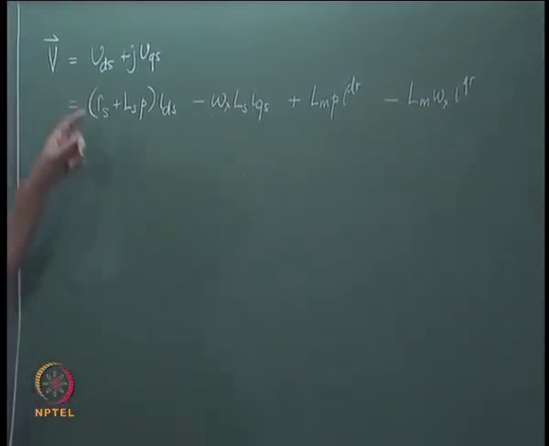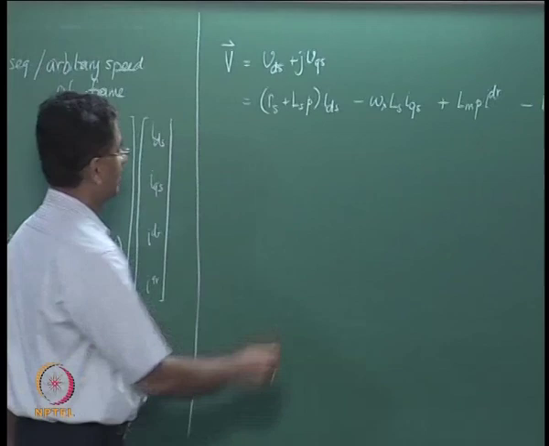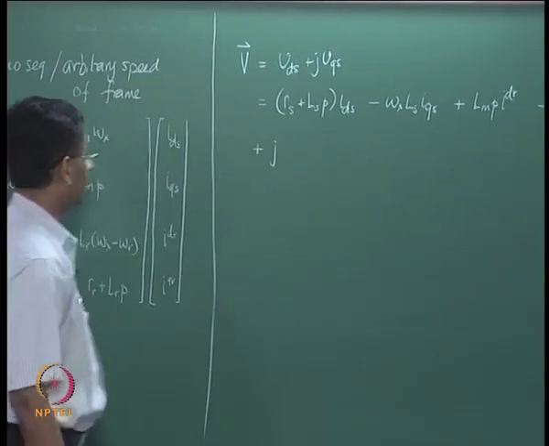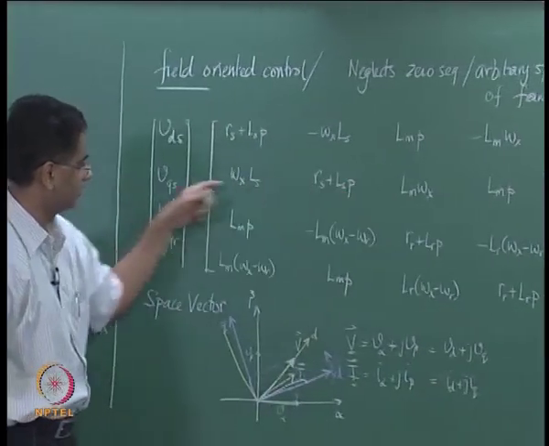This is the first term Vds, and now we add J times the second equation which is here.